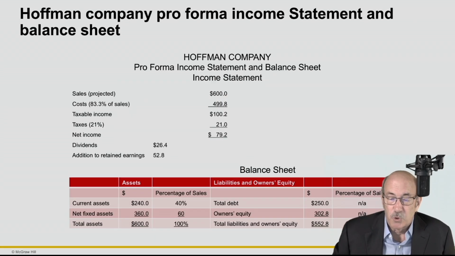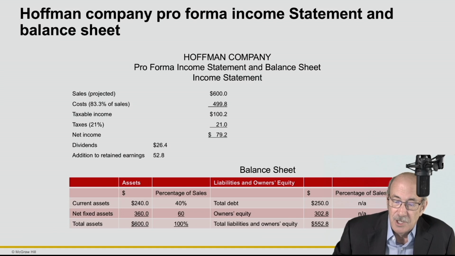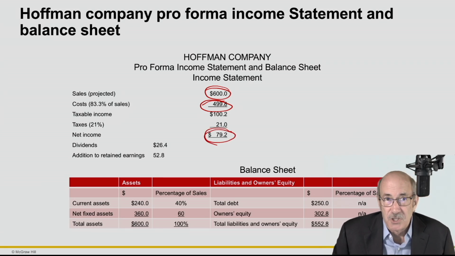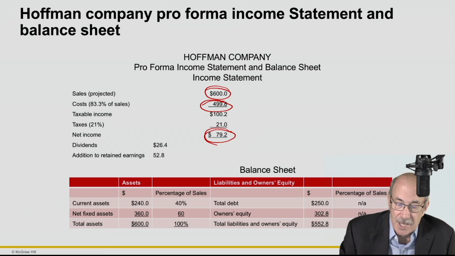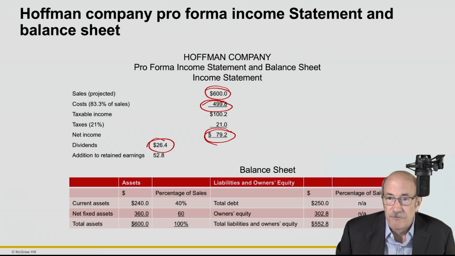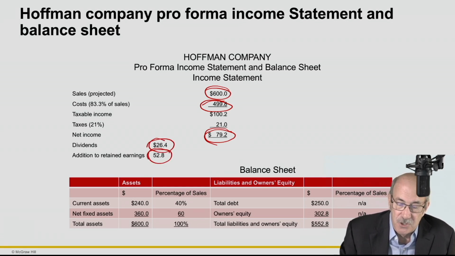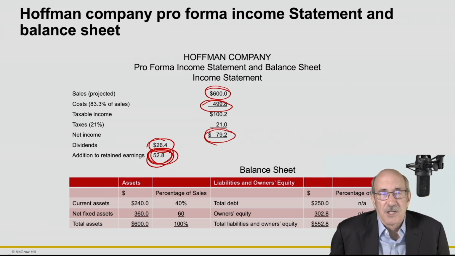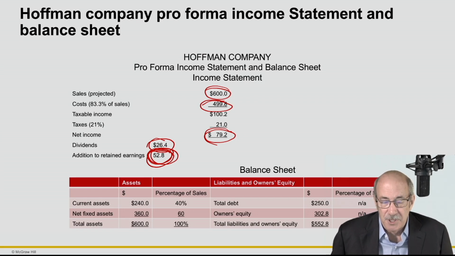When we look at the pro forma financial statements, both income statement and balance sheet, here's the updated picture: 600 in sales. Cost of goods goes up by the same amount, and that ultimately leaves us with a net income of $79.2. 1/3 of that is approximately 26.4, leaving 52.8 as a contribution to retained earnings and reinvestment in the firm.